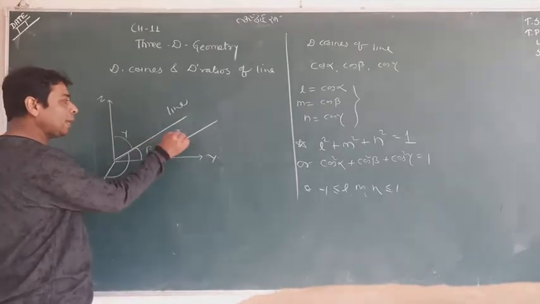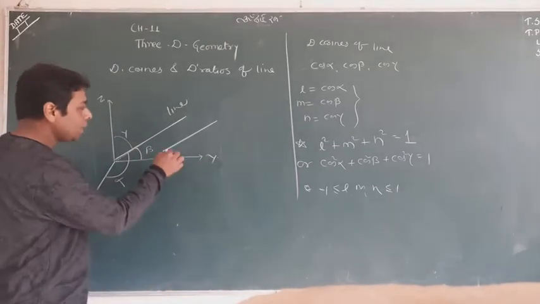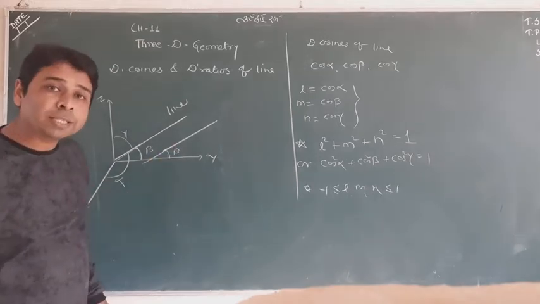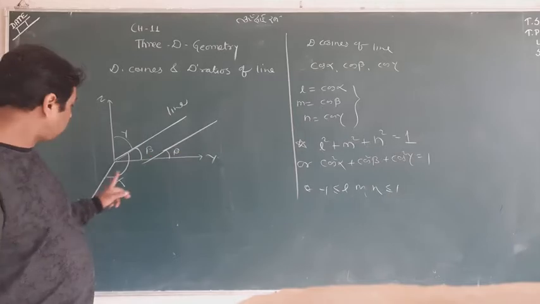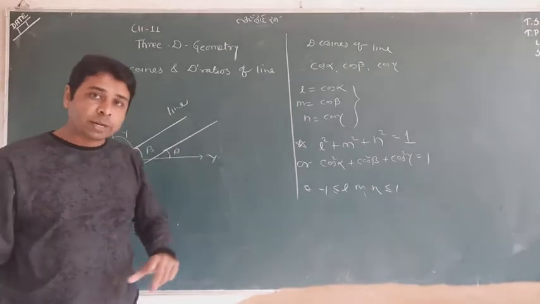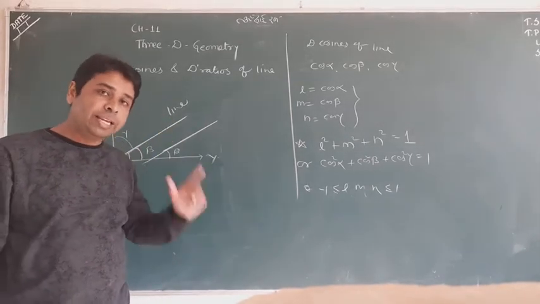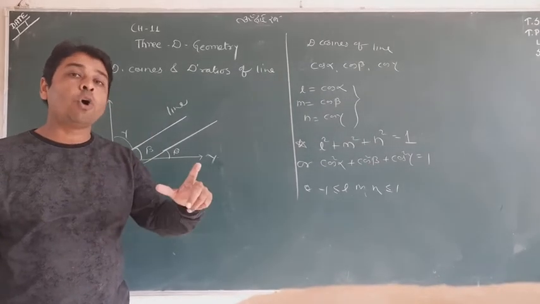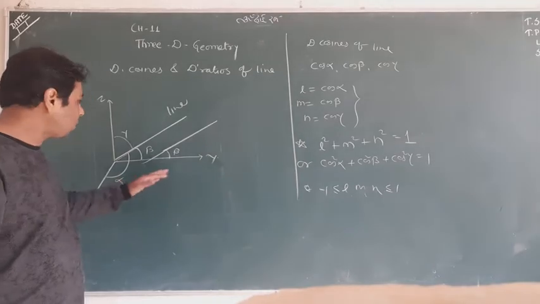Definitely a parallel line always makes the same angle. If I extend it, this angle will definitely be beta. The same holds for the x and z axes, because parallel lines will always make the same angles with the x, y, z axes.